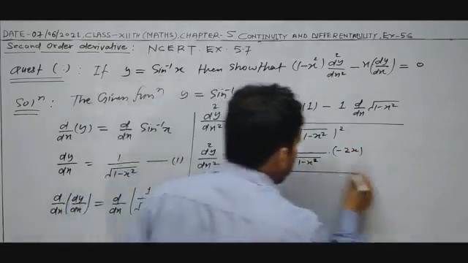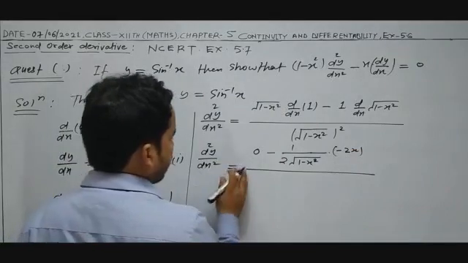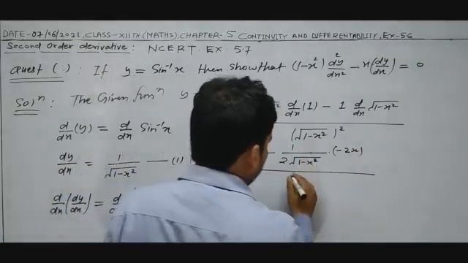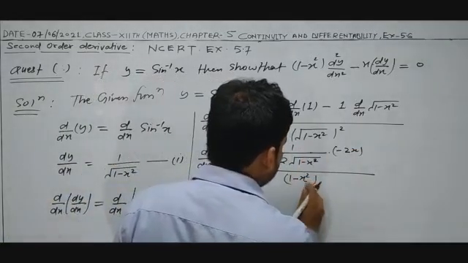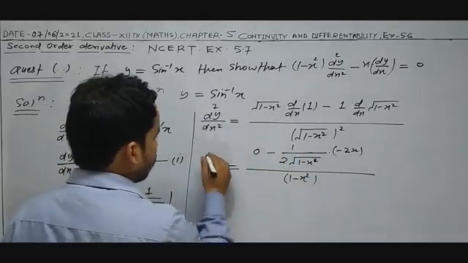In the denominator the result will be 1 minus x square.